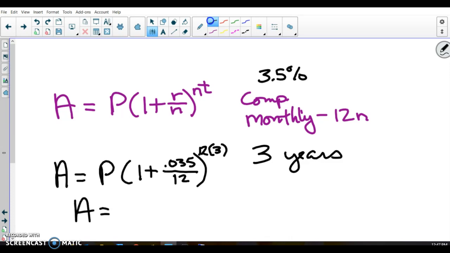So simplified, our formula would be principal times 1 plus, if I simplify 35 thousandths divided by 12, 0.0029, and we're going to raise that to the 36th power.